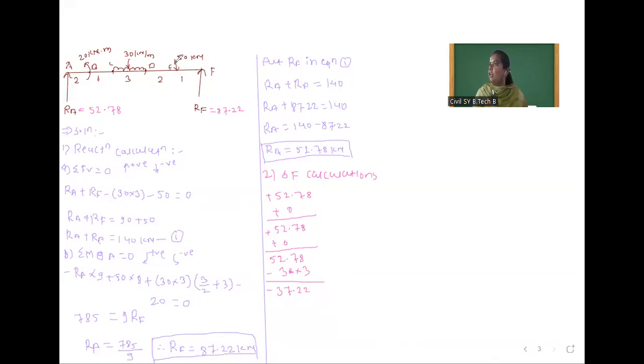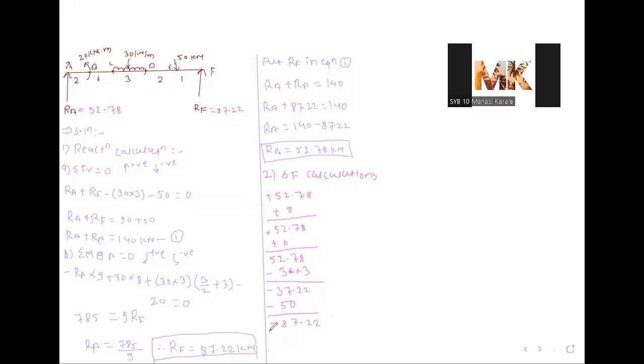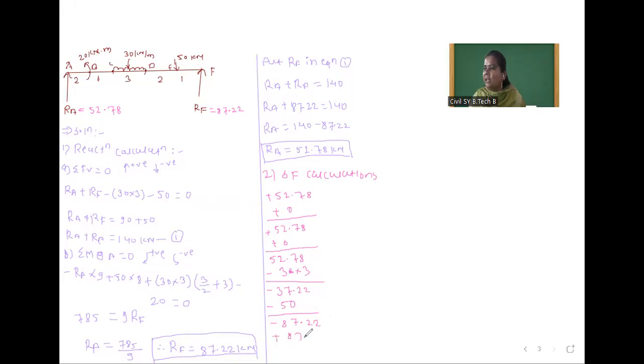At E point, 50 kilonewton going downward, so minus 50, giving minus 87.22. And at F, an upward force is there, 87.22. So 0. That means our calculations are correct.